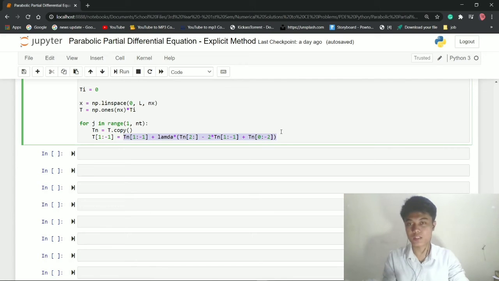Temperature ng previous time, which is ito, naka-highlight. So, ito yung Ti plus lambda, Ti plus 1 minus 2 times Ti plus Ti minus 1.